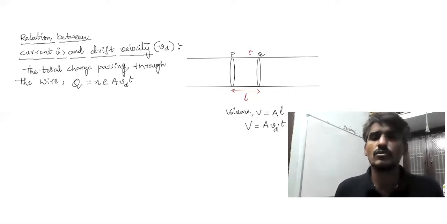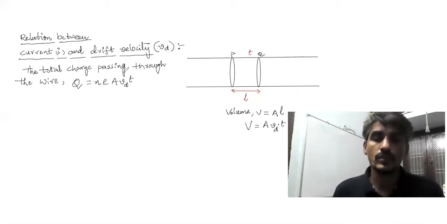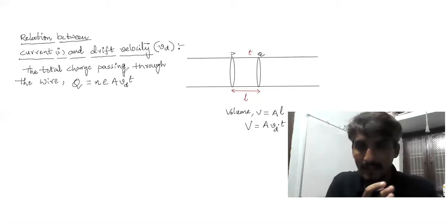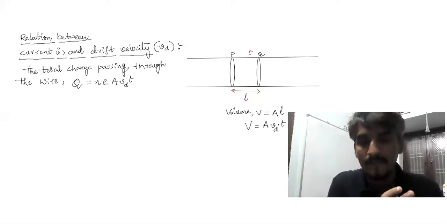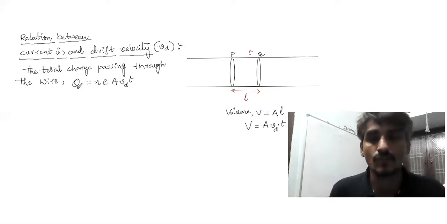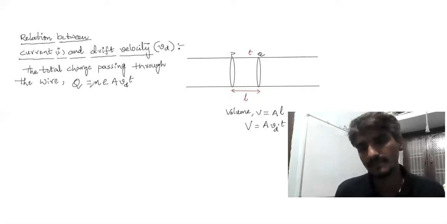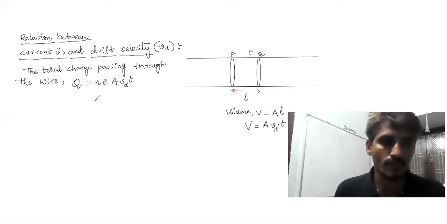There will be so many electrons, so many atoms. So those many electrons are passing with a drift velocity VD inside that conductor to a distance L. Then we can write that total charge Q is N into E into A into VD into T, within t time interval.